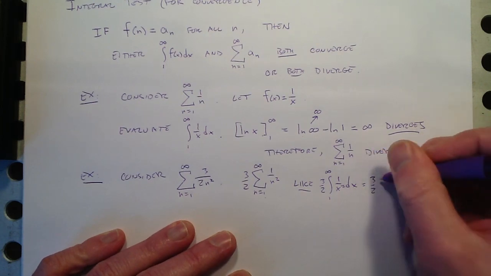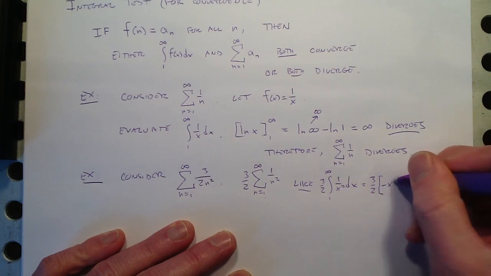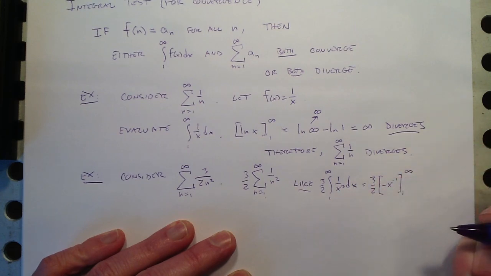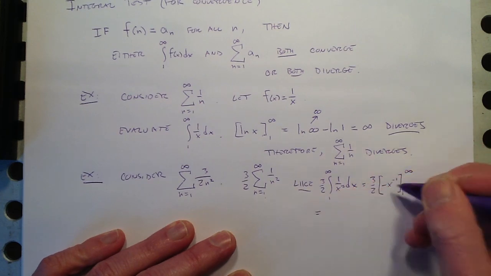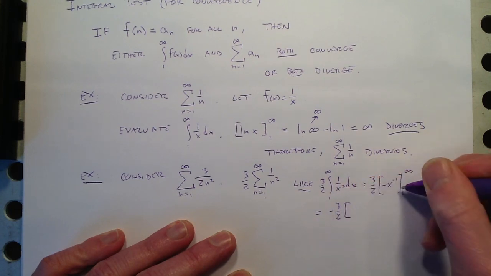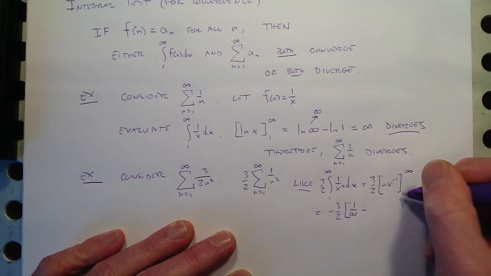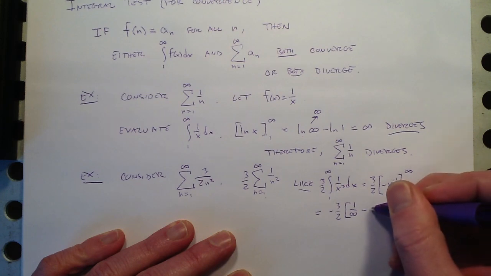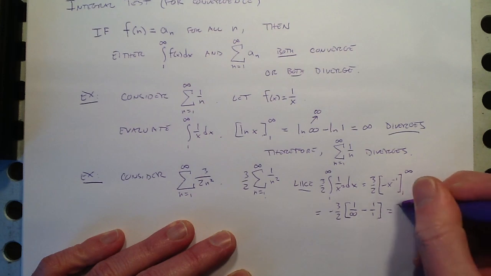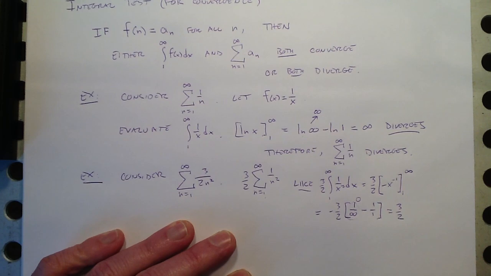Let's see. That's 3 halves. The antiderivative of x to the negative 2 is negative x to the negative 1 from 1 to infinity. Right? And that's equal to, I'll put the negative to the outside, negative 3 halves times, that's 1 over x, so that's 1 over infinity minus 1 over 1, and that's equal to 3 halves, because this is 0, right? 1 over infinity is 0.